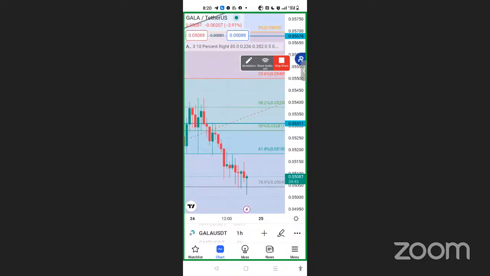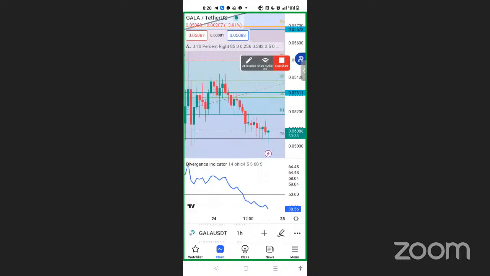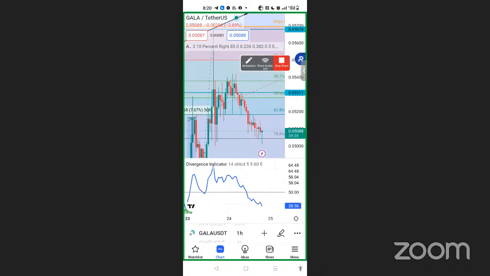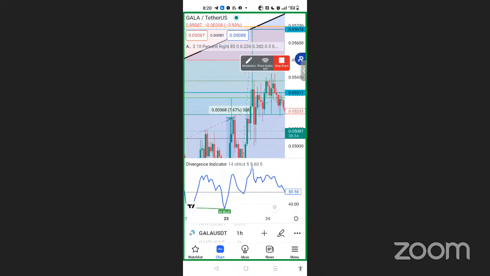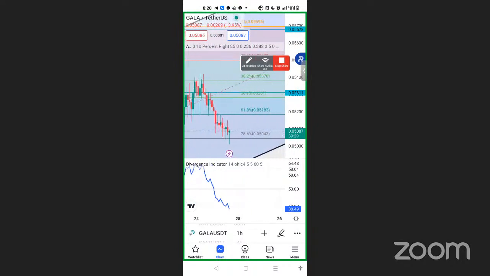Even if you add in the divergence indicator, it is showing some downward movement, but this will change in the next few minutes. It may take some time. It will not happen right now, but it's an indication that this market is going to reverse.